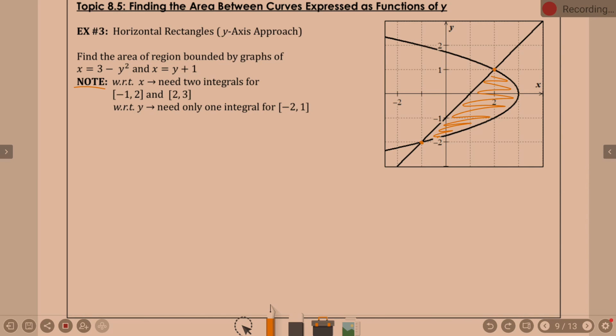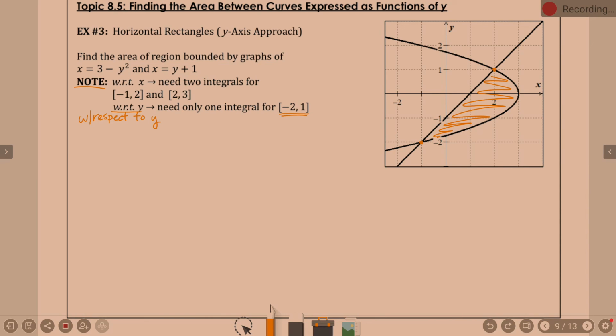Traditionally, when we go with our vertical rectangles, we're going with respect to X because we're working in terms of X. But this is what I just talked about. -1 to 2 would be good. 2 to 3 would not be good. So we're going to go with respect to Y, in case you need that. Okay. And then we can just use one integral.